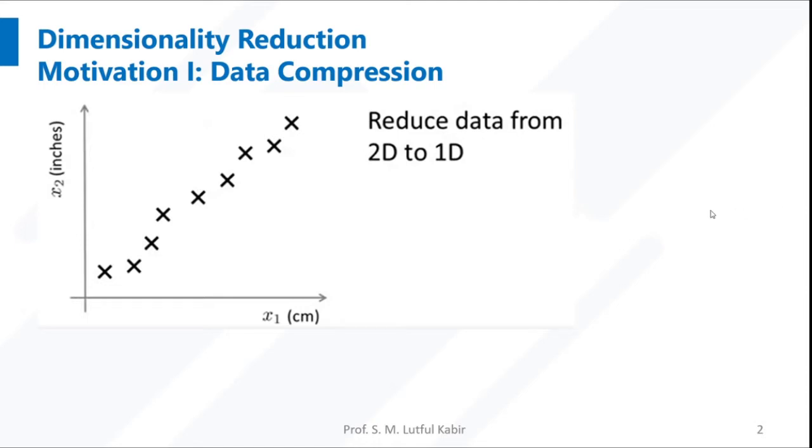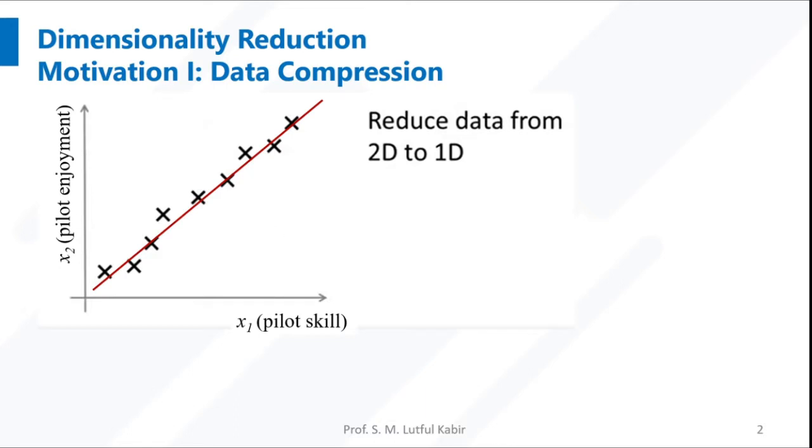For example, these points can be joined by a line, which is a close approximation to the data, and the corresponding value on this line may represent the distance instead of x1 and x2 separately. We may call z a distance, and z may be the distance along this line. And this can be applied for other purposes.